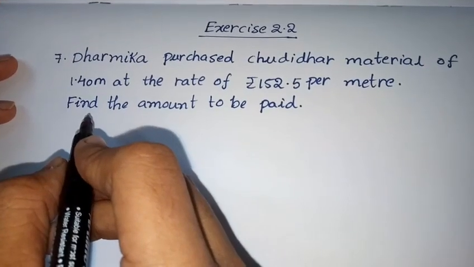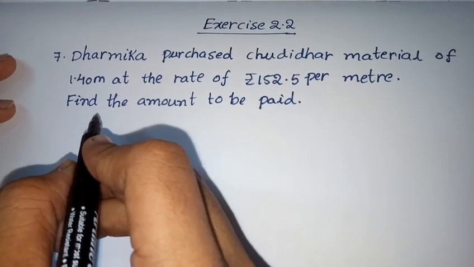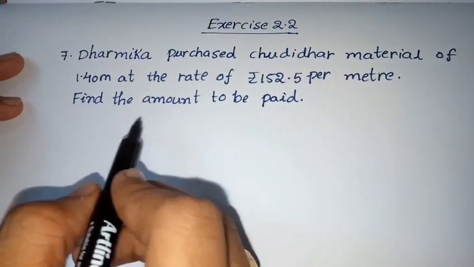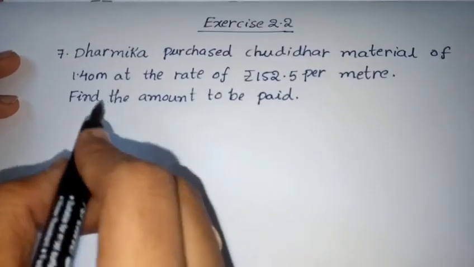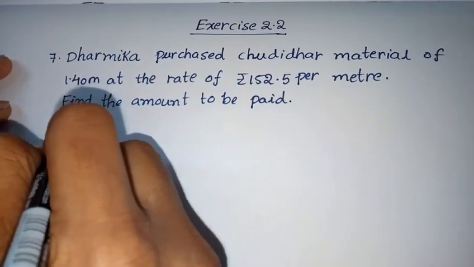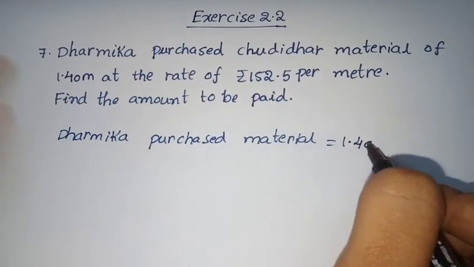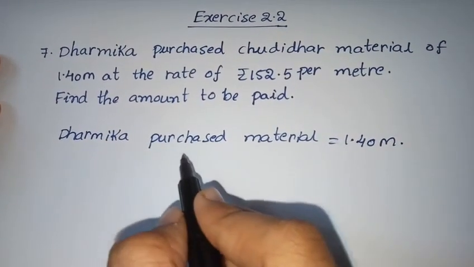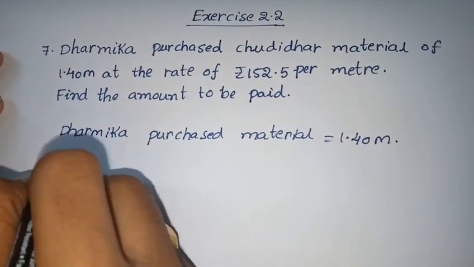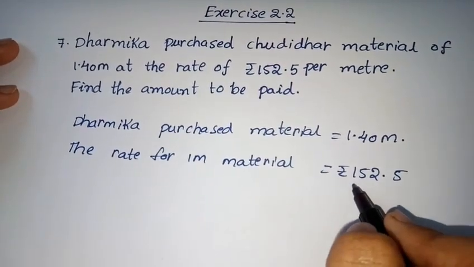Next problem in exercise 2.2, seventh one. Dharmika purchased chudidar material of 1.40 meters at the rate of 152.5 rupees per meter. Find the amount to be paid. In the problem given, Dharmika purchased material equal to 1.40 meters. Next, the rate for 1 meter of material equals 152.5 rupees.